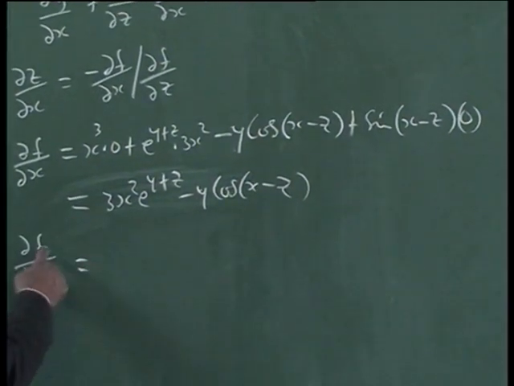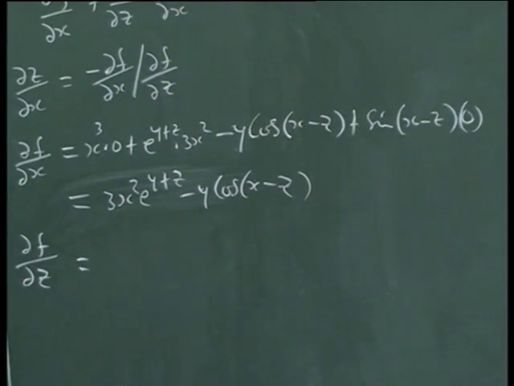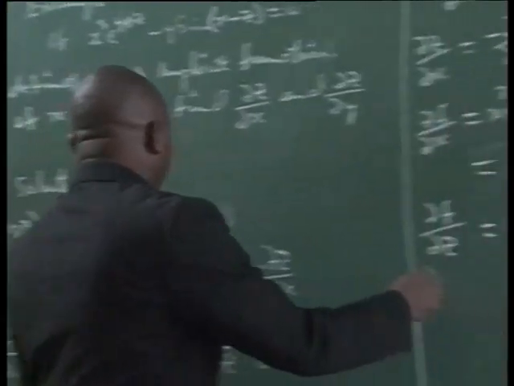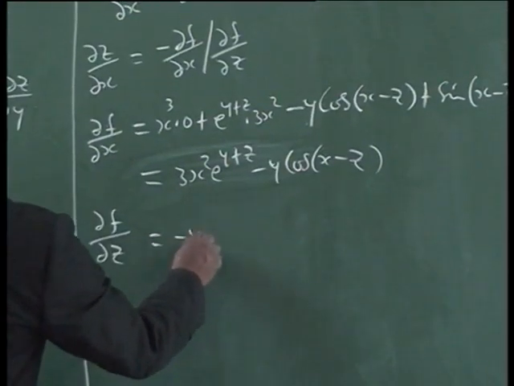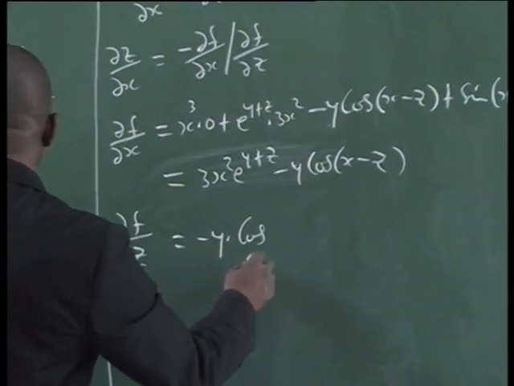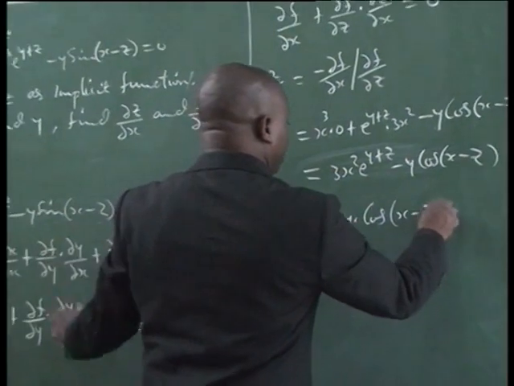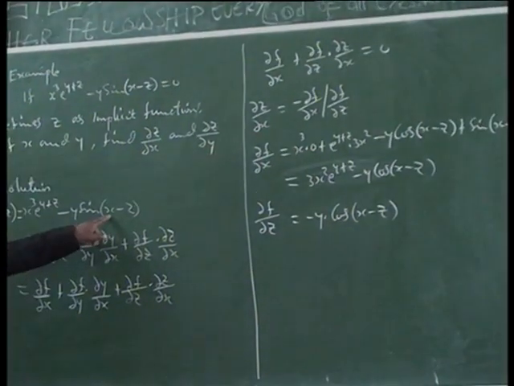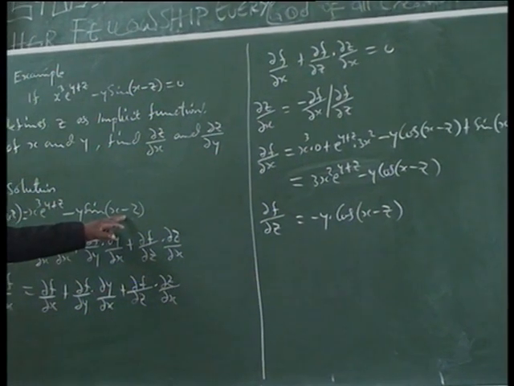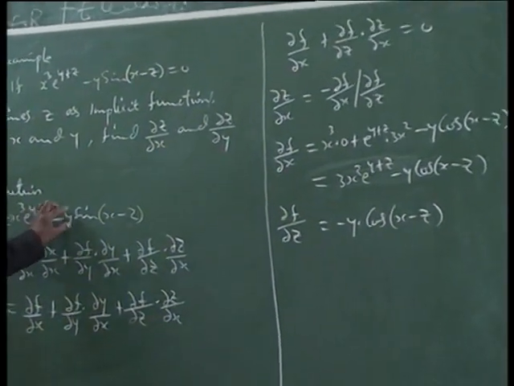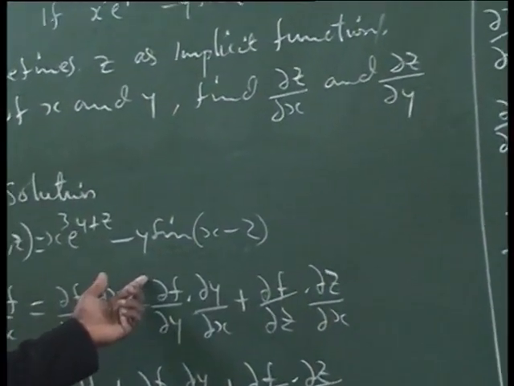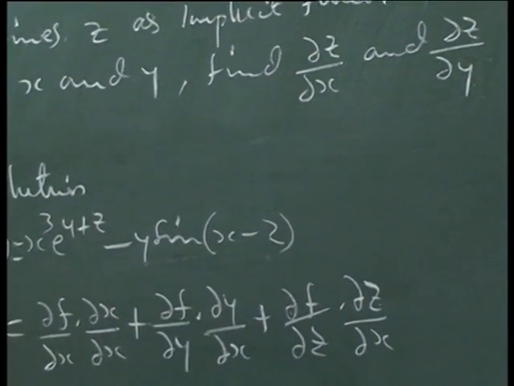Alright. Now, I will also look for partial f/partial z. I think it's only here that we differentiate. So that will give me minus y, keep minus y, and differentiate the cos(x minus z). I will keep minus y and differentiate this, and this will give me minus 1. Then I keep back cos.